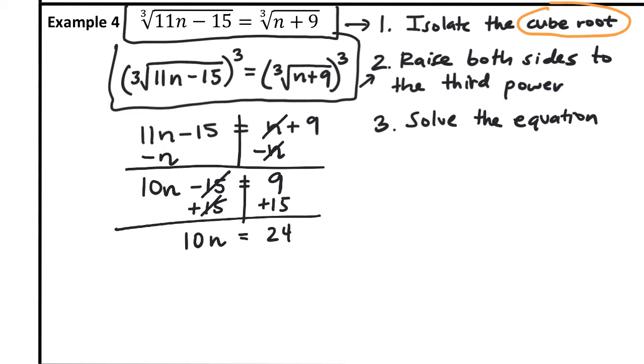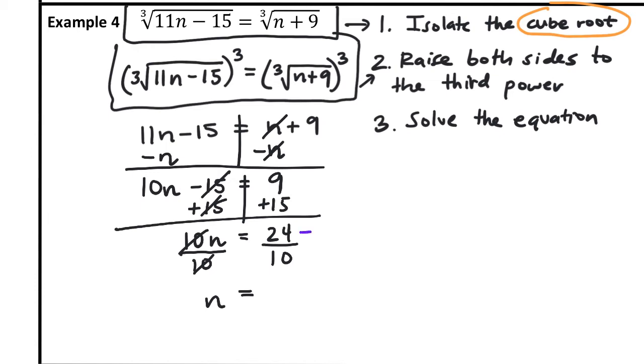And then how do I get rid of the 10, right? The opposite of multiplying by 10 is dividing by 10. Oh, but can we divide 24 by 10? No, but can we reduce it? Let me write it a little bit lower down here. Can I reduce 24 over 10?